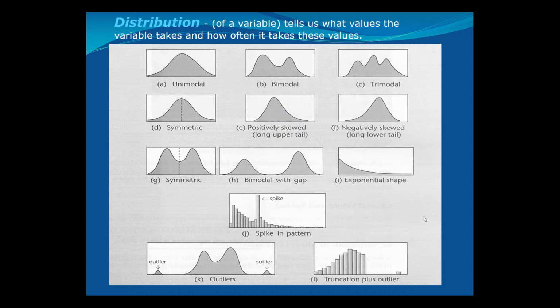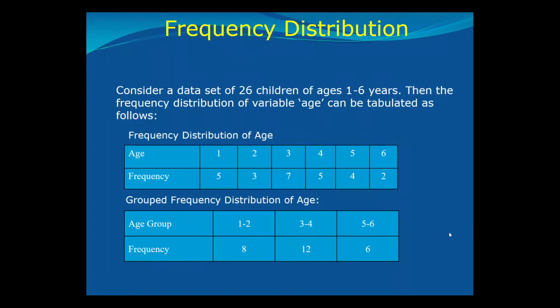Due to the distribution, we can use different statistical methods. So the first step is to understand which variable should be analyzed, and if the variable is quantitative, we need to understand the type of distribution. What is frequency distribution?